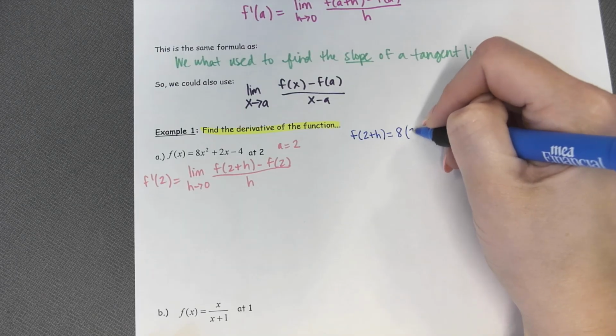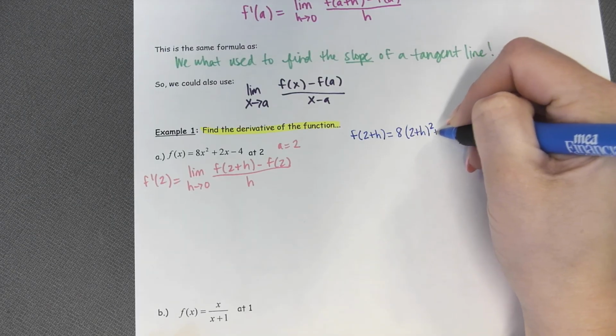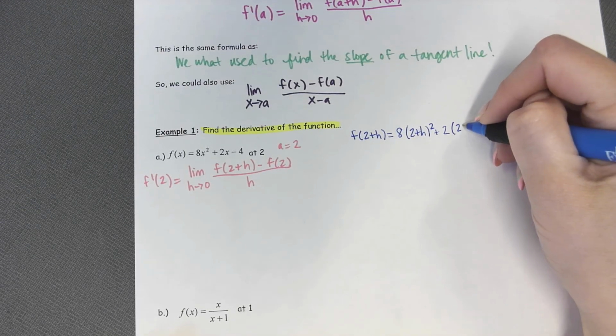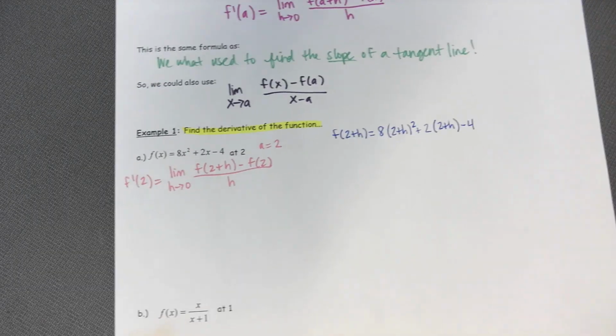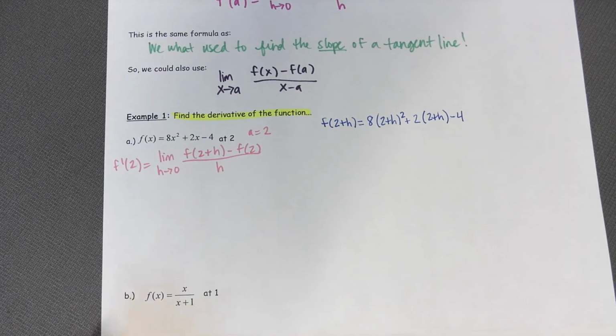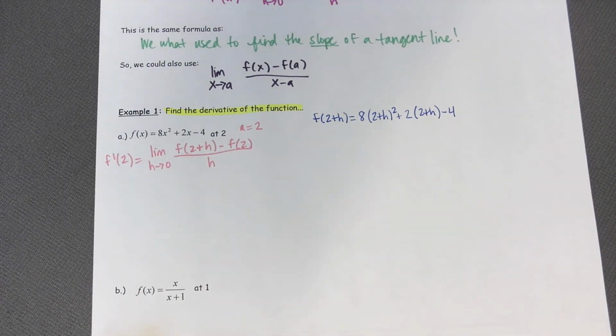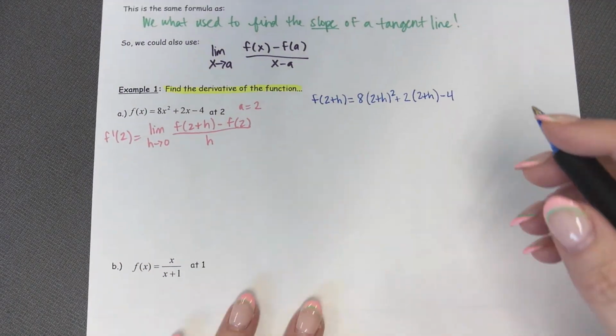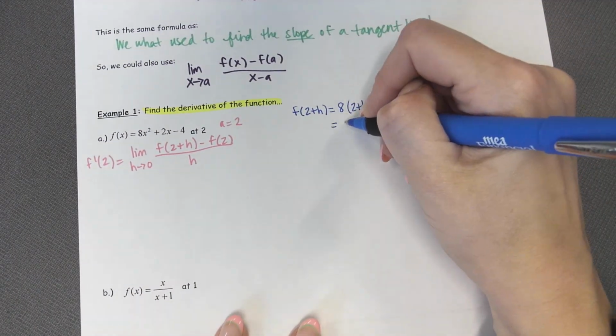So it's 8 times 2 plus h squared plus 2 times 2 plus h minus 4. I'm going to give you some time right now to simplify that down.